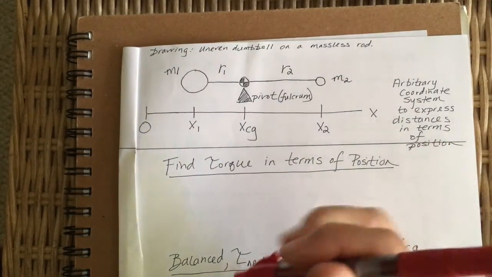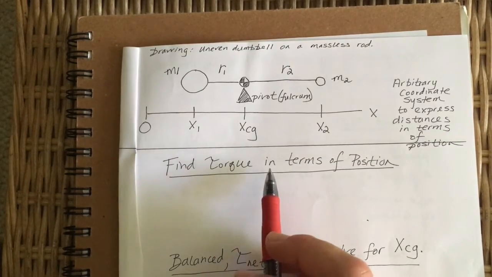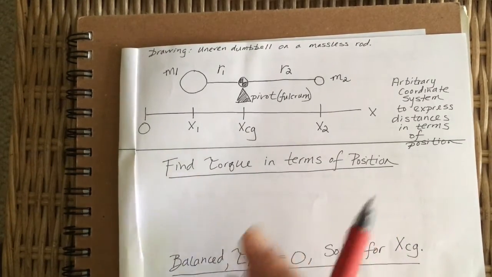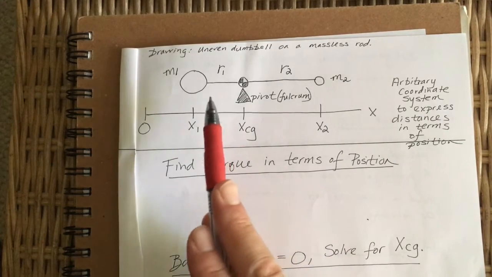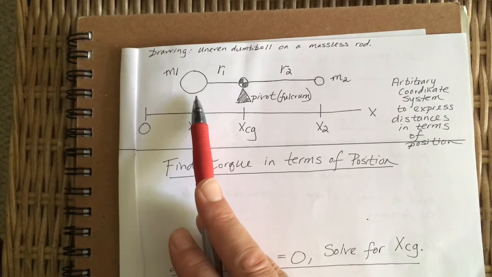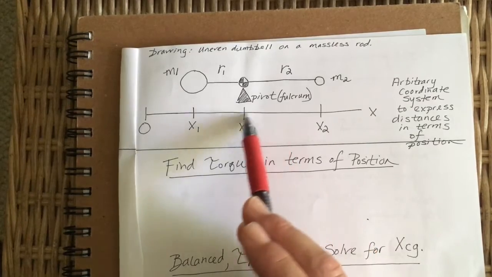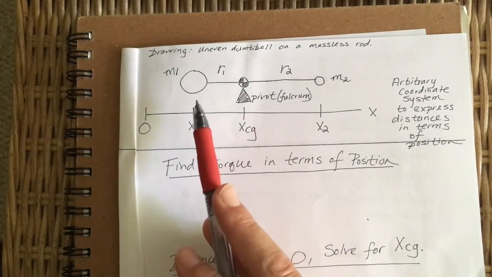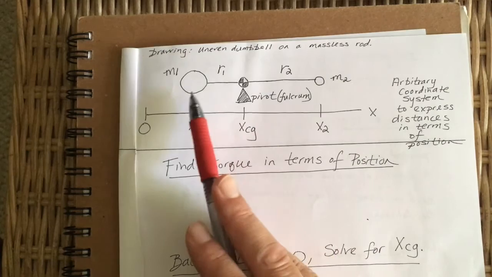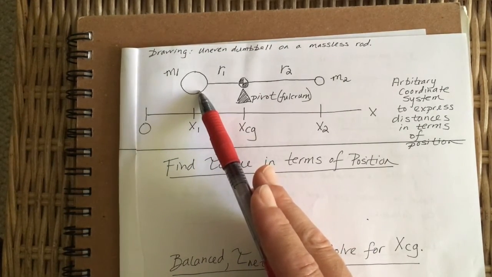So, coming back to this, one of the things we're going to have to do to come up with this equation is work with a lot of variables, but we can't say the end of the bar right now is at position 0. We want a generic equation, because sometimes the end of the bar won't be position 0, or this mass won't be at the end of the bar.